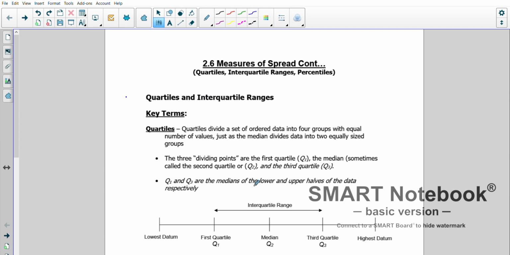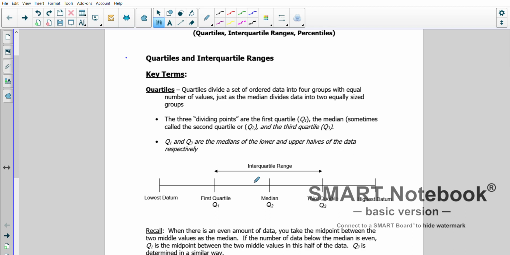So just some key terms right off the hop. What is a quartile? It's not that different from median. If you understand the concept of a median, that's the middle value of the data. A quartile just divides the set into 4 groups. So the first quartile would actually be the median of the first half of the data. So if this is the first half of the data, then Q1 is the median of that.